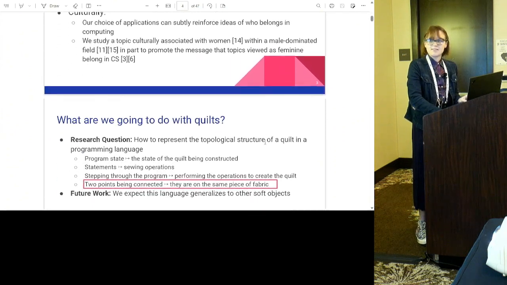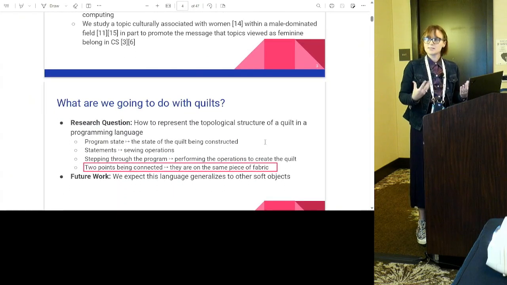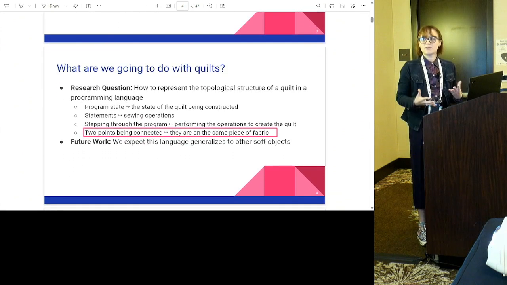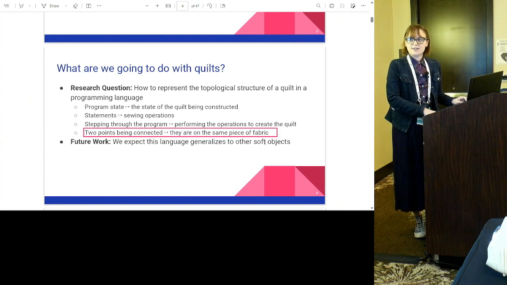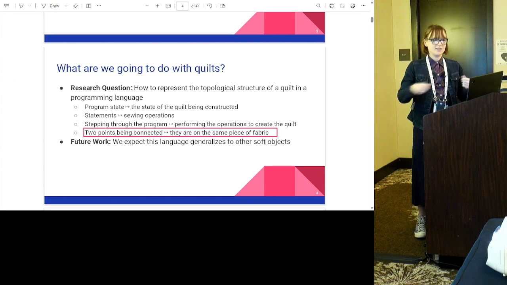So how are we going to incorporate these homotopy type theory ideas with quilts? Our research question is how we can represent the topological structure of a quilt in a programming language. The way this works out is that the program state is the quilt in progress that you're constructing, as you sew new pieces onto itself.